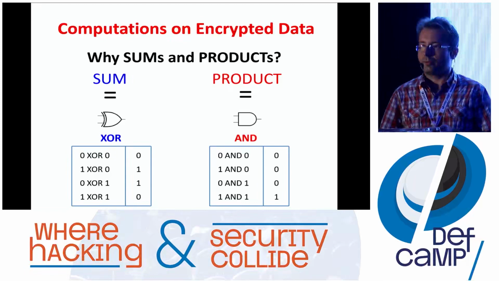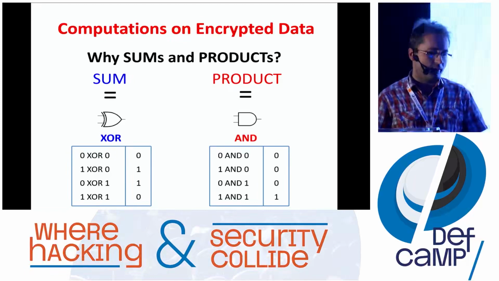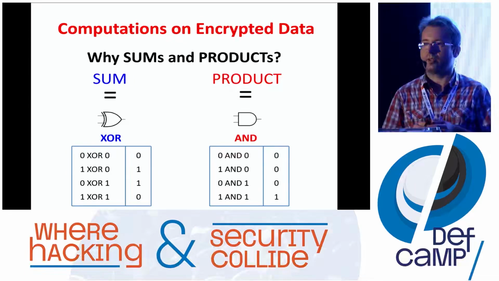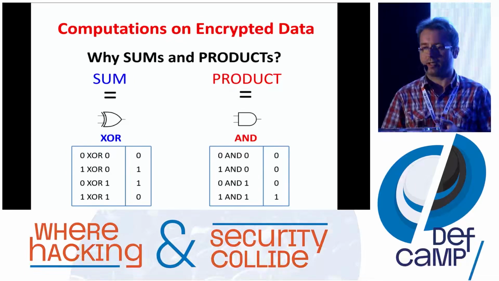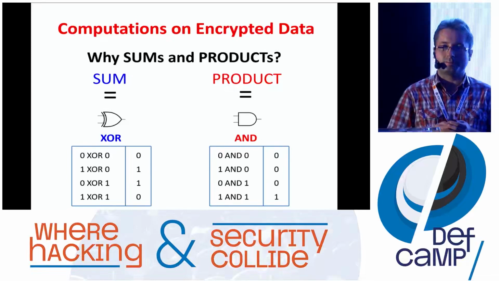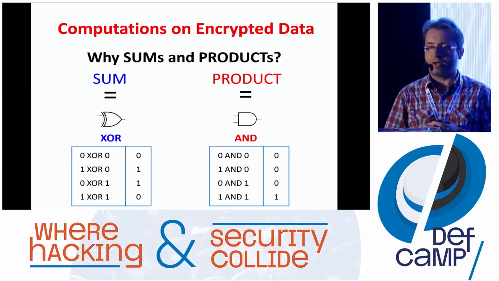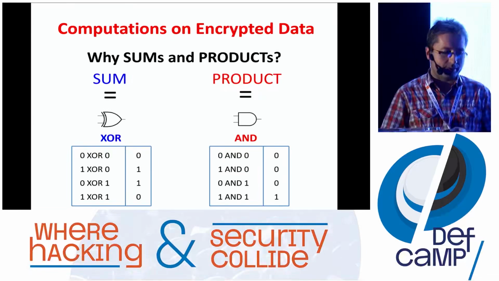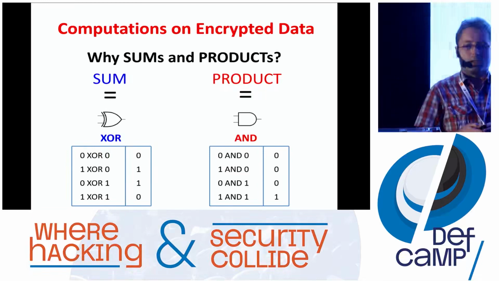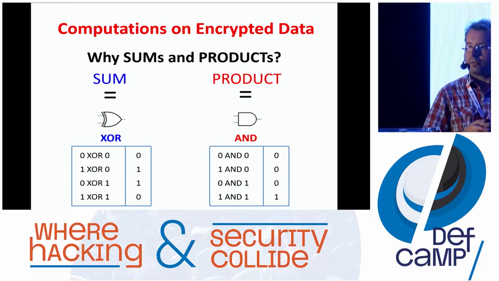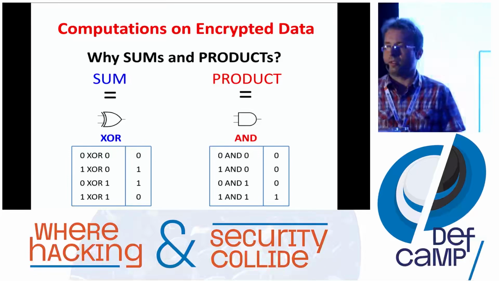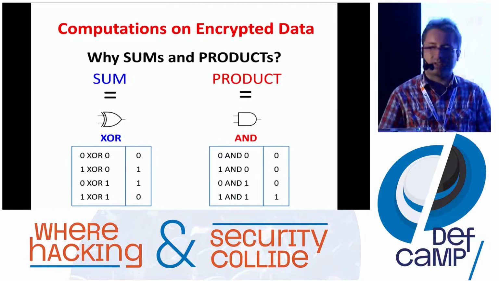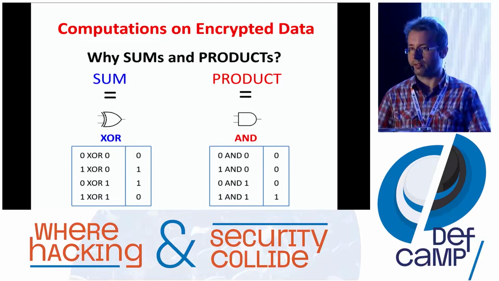Because these two can be translated into two basic logical gates, which are known from computer architecture and from Boolean algebra: exclusive OR and AND. As you can see here, sums can be assimilated to exclusive ORs, and products can be assimilated to AND.